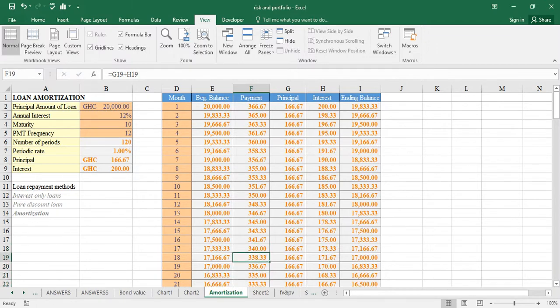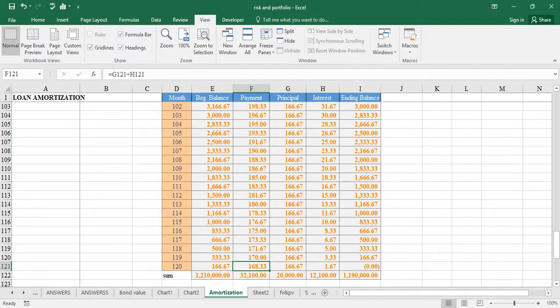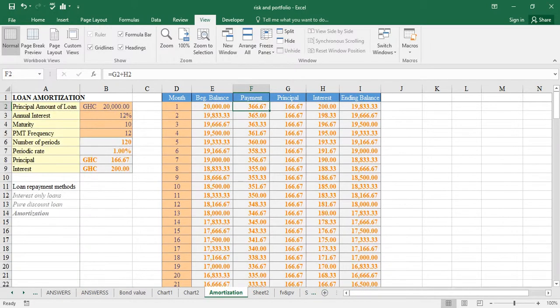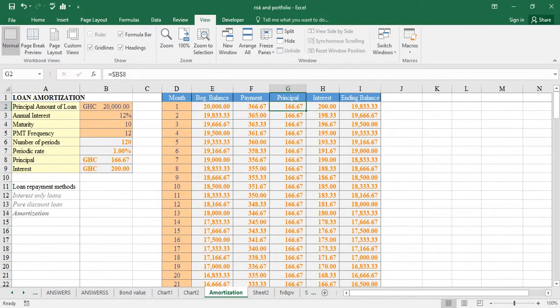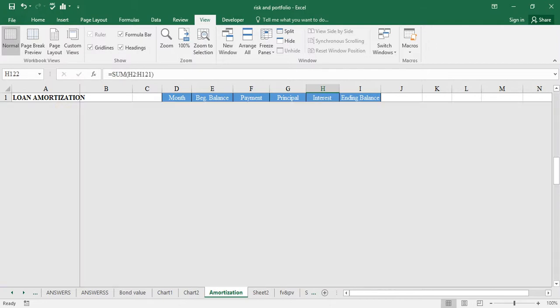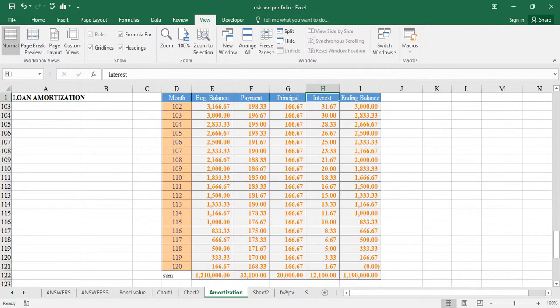The total payment declines over time, but the principal is what? Fixed. The principal doesn't change. Let's look at the interest.